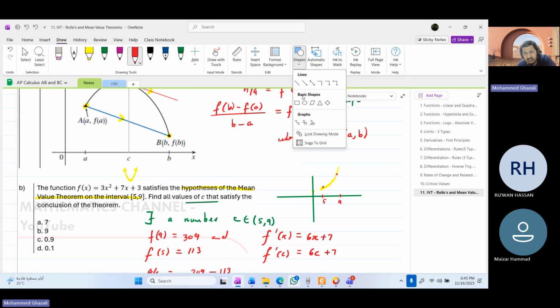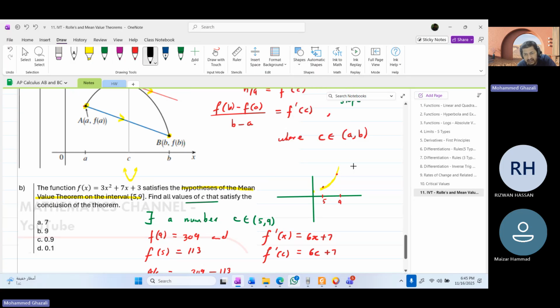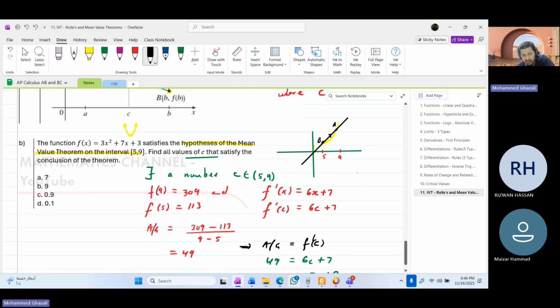Now, what I'm saying here is that if I join the coordinates A and B, this point A and B has slope 49. So the average gradient between A and B is 49, which also equals the second line, which occurs at 7. That point there. And those two lines are parallel.